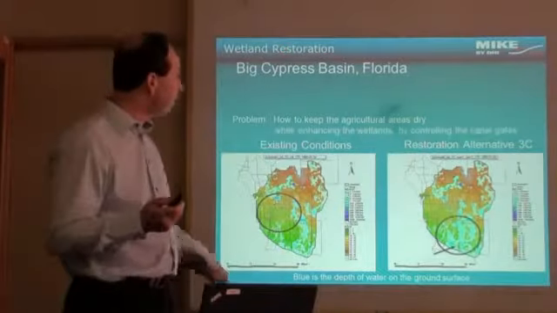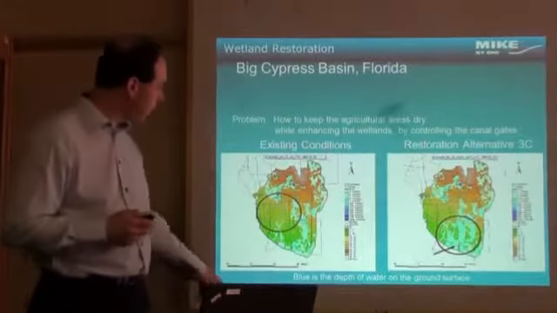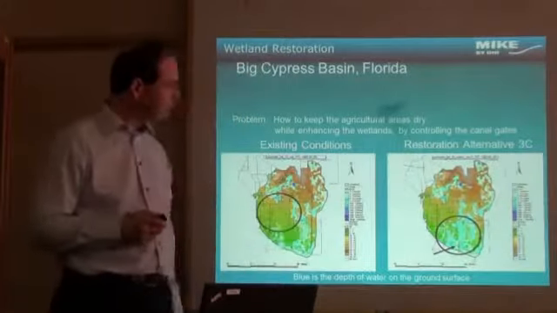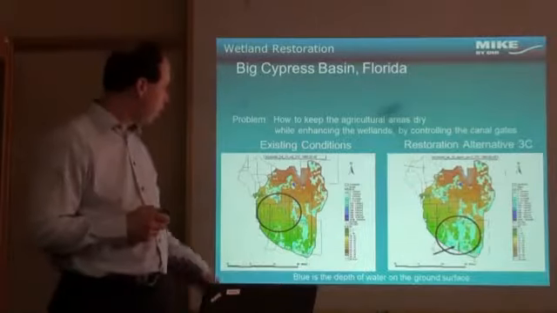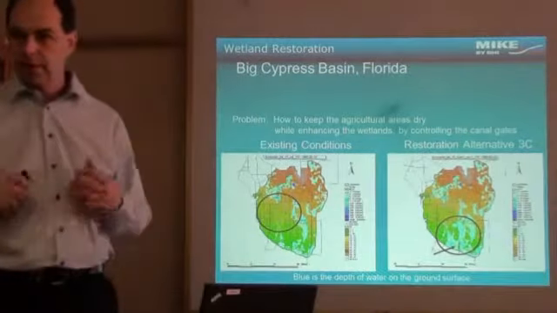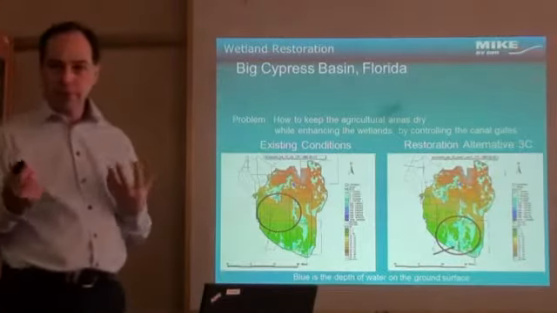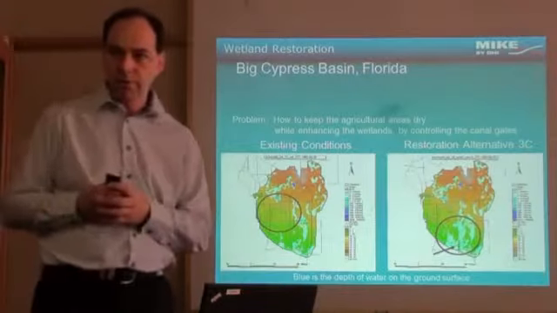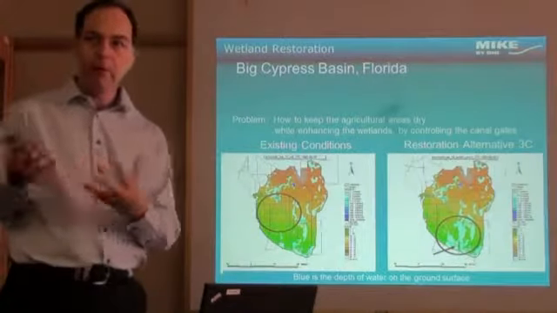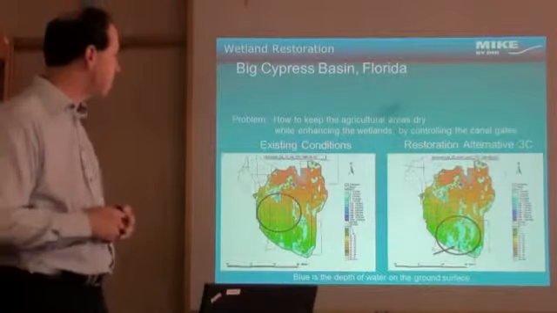And so basically, we're trying to find out how we enhance the hydroperiods in this sort of flooded area here, while still maintaining dry areas and other areas that have agricultural components to them. And so the idea here is to use an integrated approach to actually map groundwater onto flooding events and groundwater flooding and these sorts of processes.